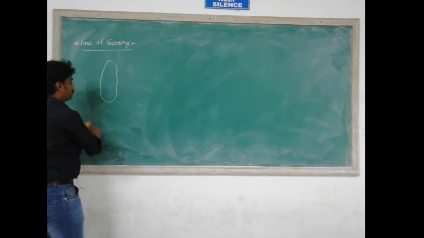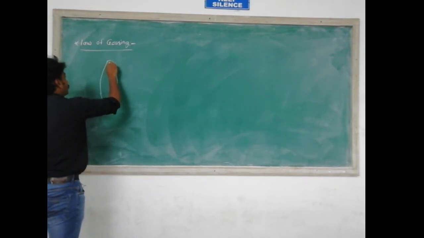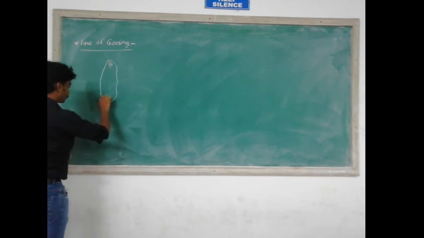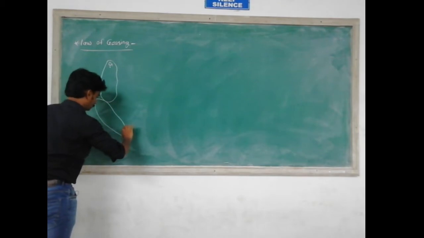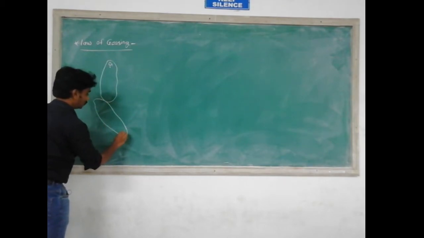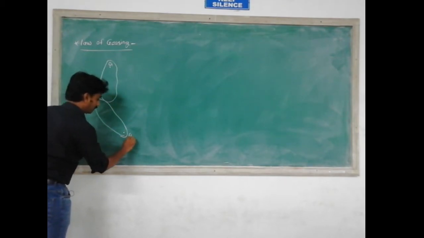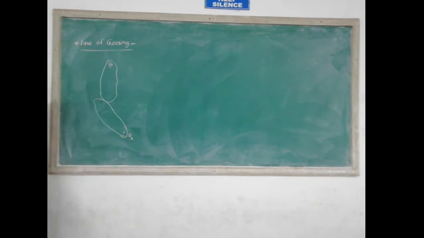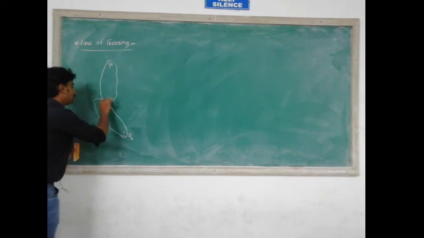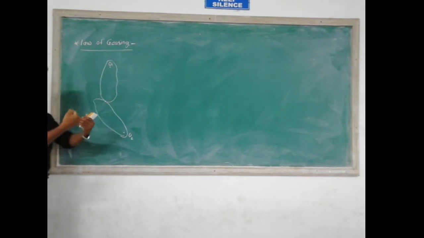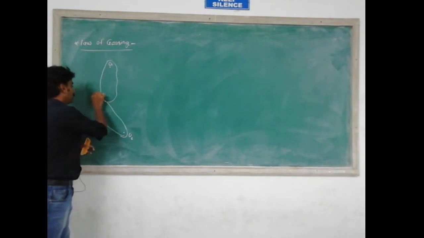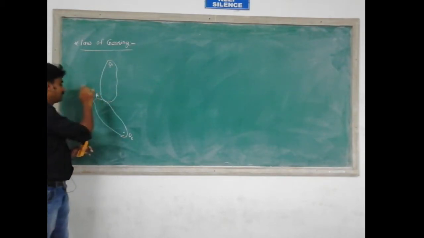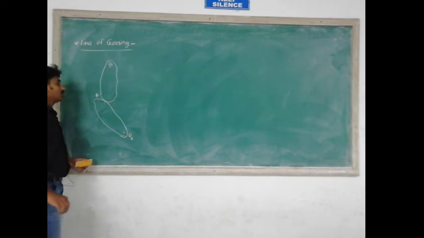Suppose this is the tooth of the first gear with center O1, and this is a tooth of the second gear with center O2. Now this is the point of contact, where the two teeth meet each other at a point. Let us mark it as point A.